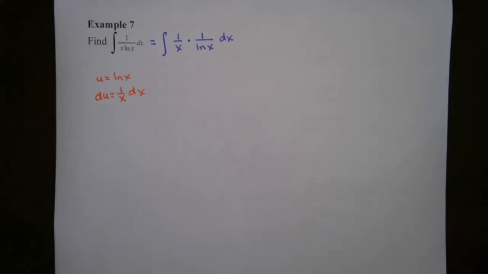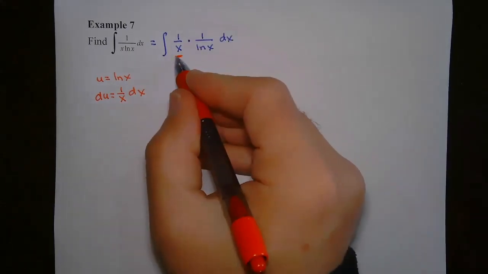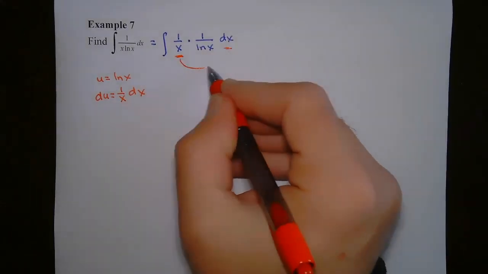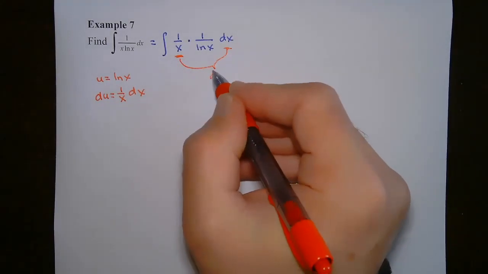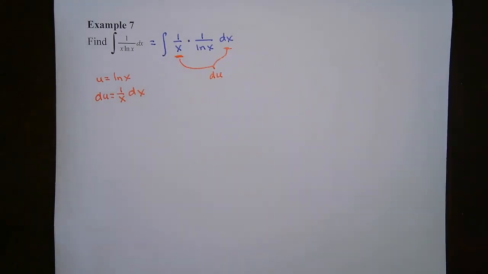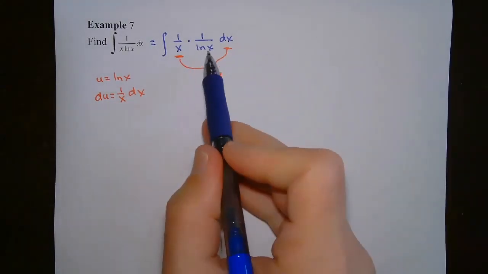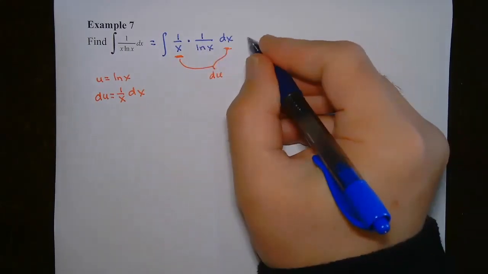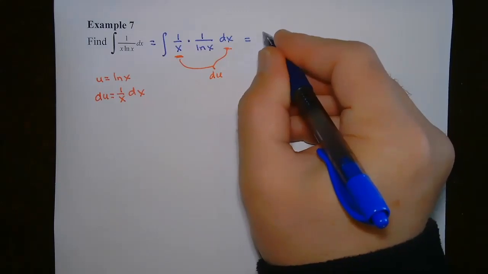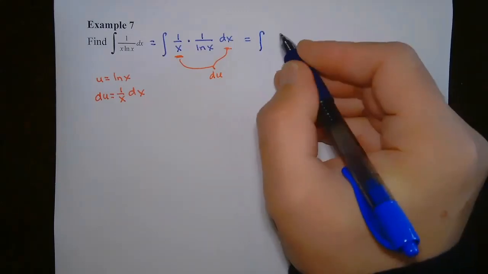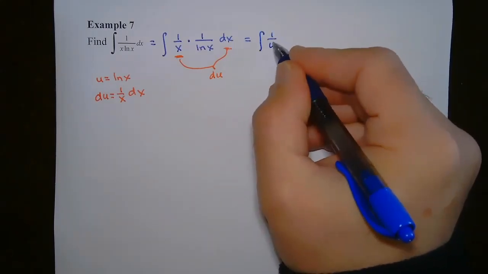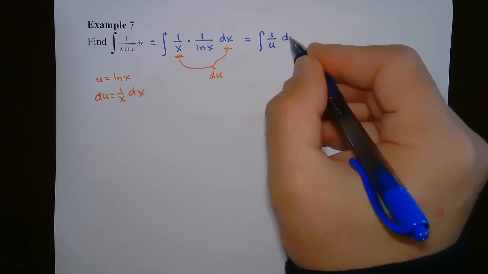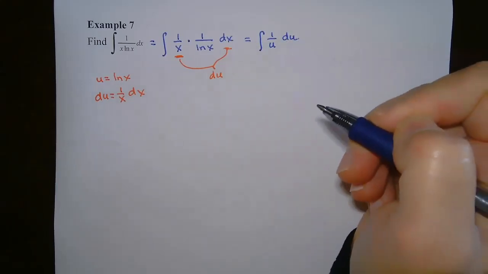Let me put a line here and here. These two together make up my du. And this little part, the natural log of x, is just your u. So this becomes the integral of 1 over u du. We know that one.